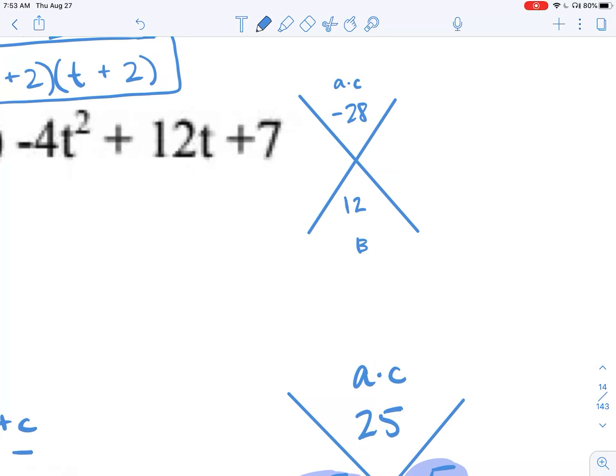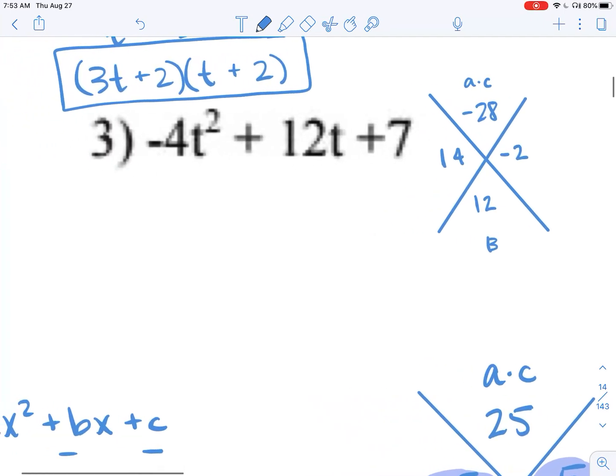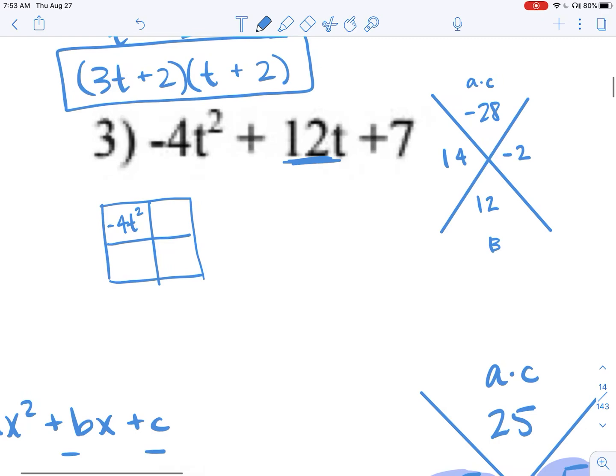If I look at 28: 1 and 28, 2 and 14, 4 and 7, and I think that's about it. 1 and 28 won't get me 12, but 14 and 2 will. If I put a 14 and a 2, I think to myself, which of those needs to be negative to get me a positive 12? Well, it's the 2. Now I'm going to bring them over to my box. So negative 4t squared. I'm going to split this 12 into 14 and negative 2.